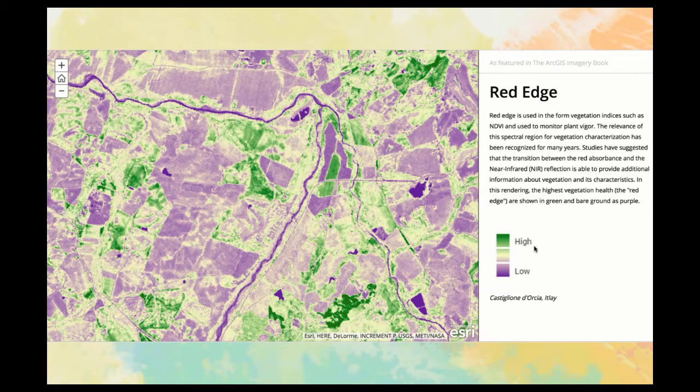ERDAS Imagine, similar to many other remote sensing programs, has implemented many vegetation indices and other image indices into the program. Which means calculating an NDVI is very easy in ERDAS. You just choose NDVI, plug in your image, hit run, and you get your results. But also, the reason why we introduced the spatial modeler in the last lab during the image differencing is that it offers you an opportunity to calculate any image indices.